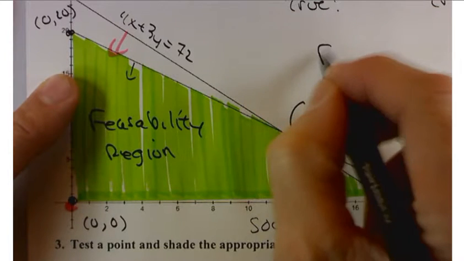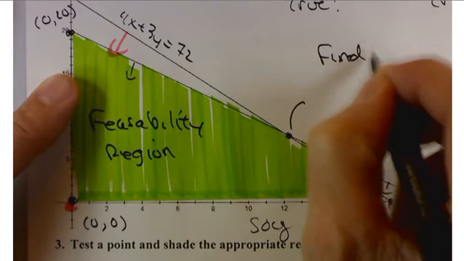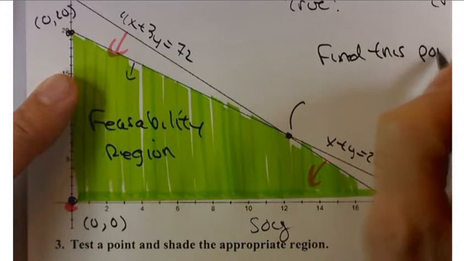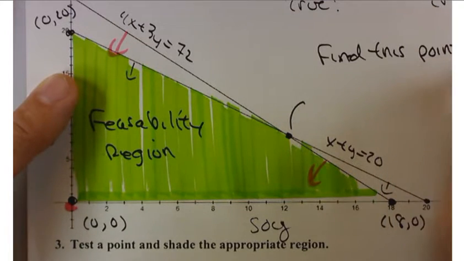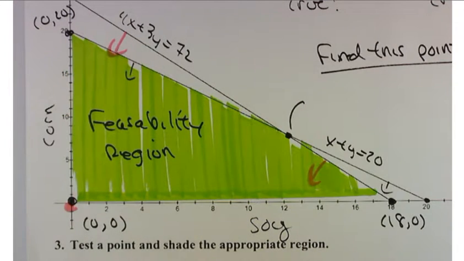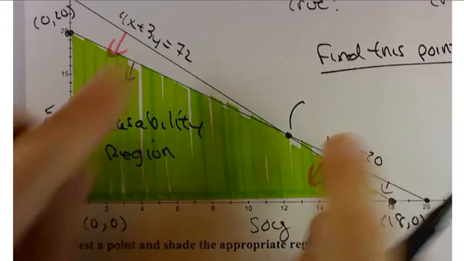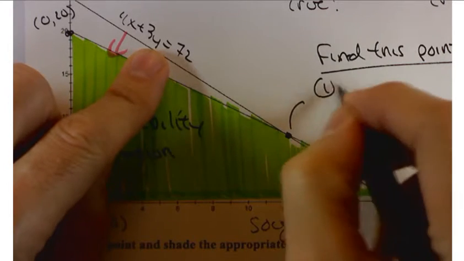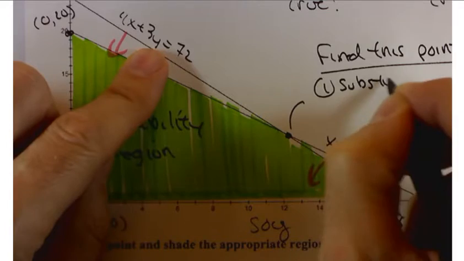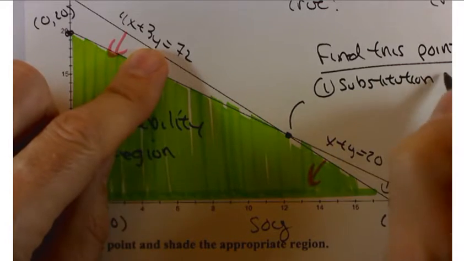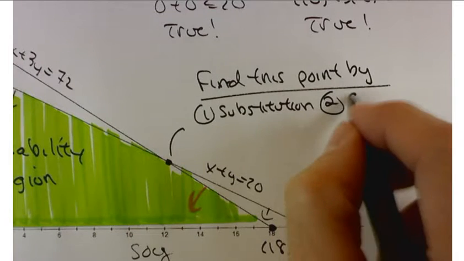So find this point by, and you should be able to think of at least 4 or 5. So substitution. So you're going to work with these two equations and do substitution. What else? Elimination.